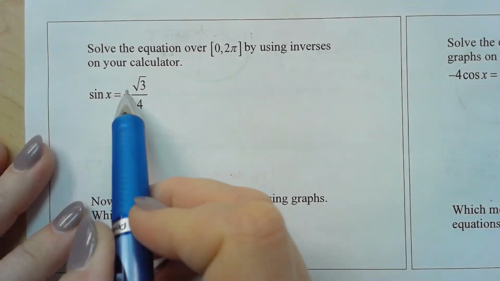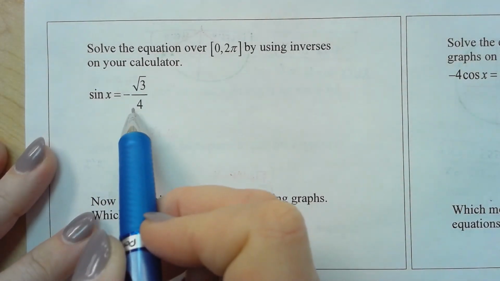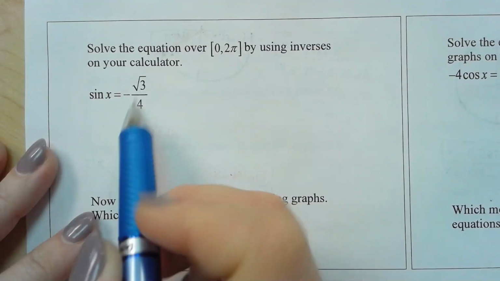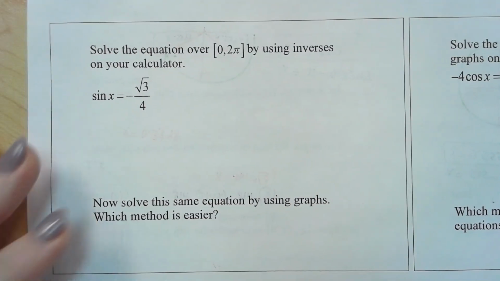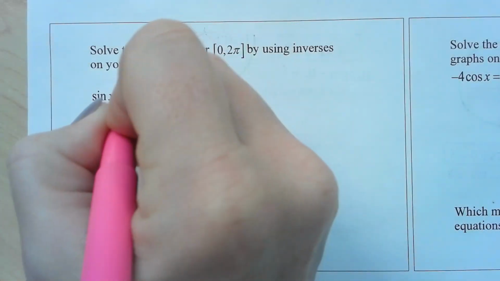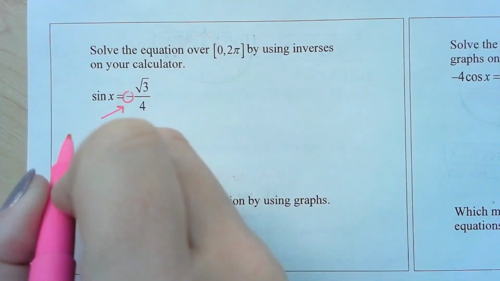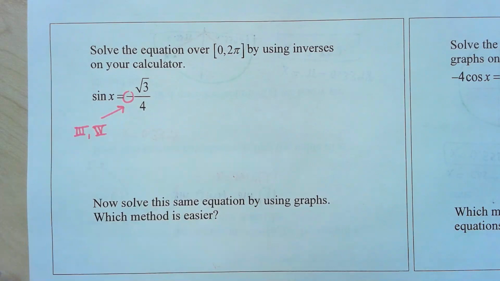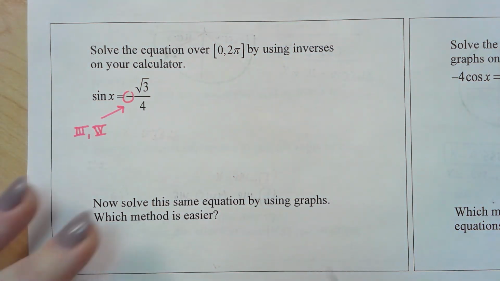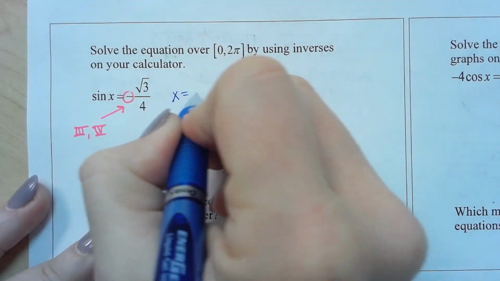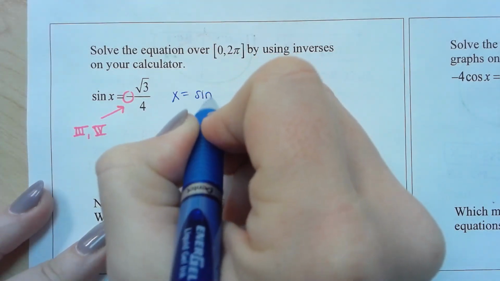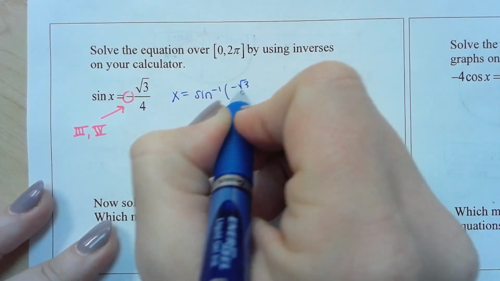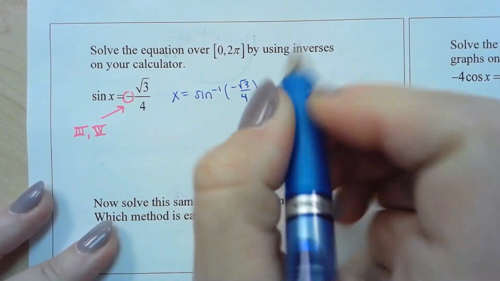Sine of x equals negative radical 3 over 4. I'm going to start with that negative. If a sine is negative, that means I have to live in quadrants 3 and 4. Okay, let's just make a little note of that. That means we're going to have two answers. But I'm going to solve for x by taking the inverse sine of both sides.